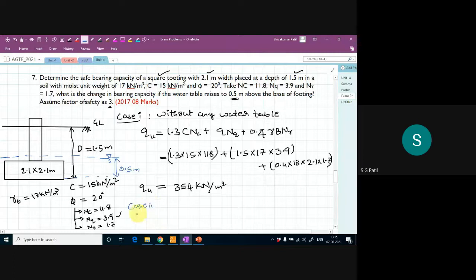What is case number 2? If the water table rises by how much depth? 0.5 meter from the footing level.